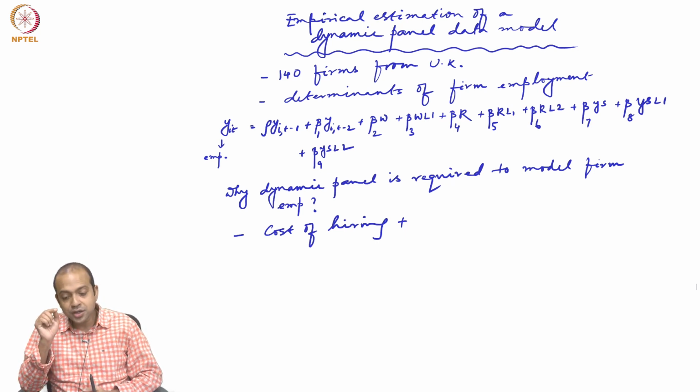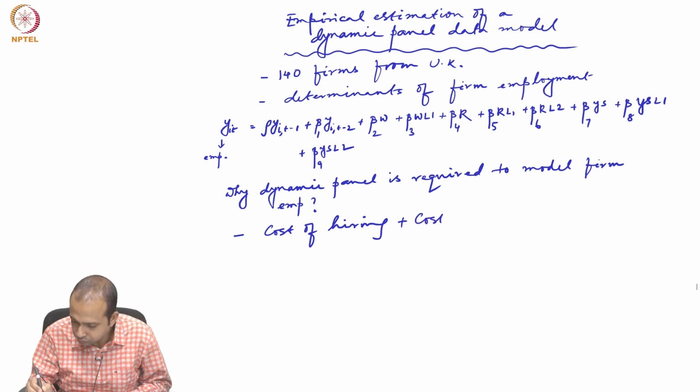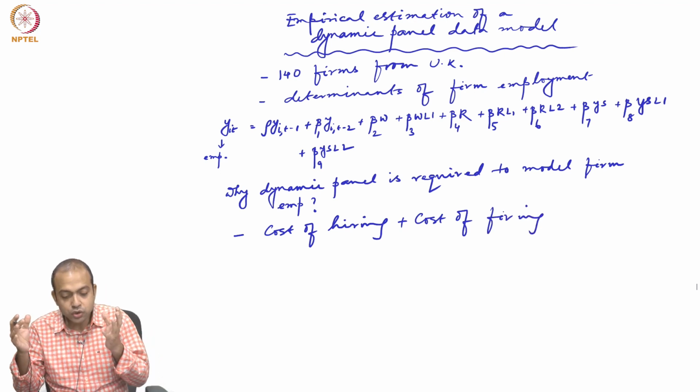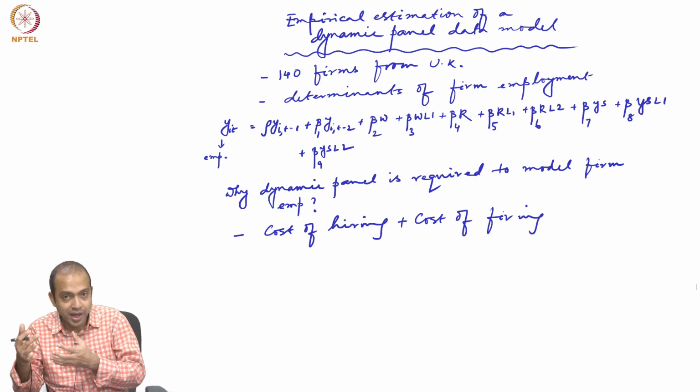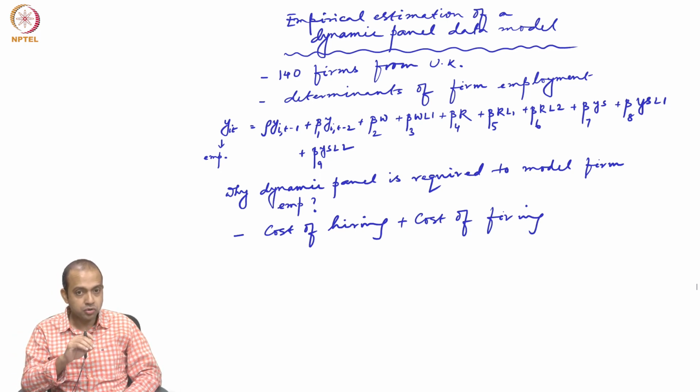So, there is a cost of firing also. This cost of hiring and firing prevents the firms from going for either new recruitment or firing some of the existing employment.